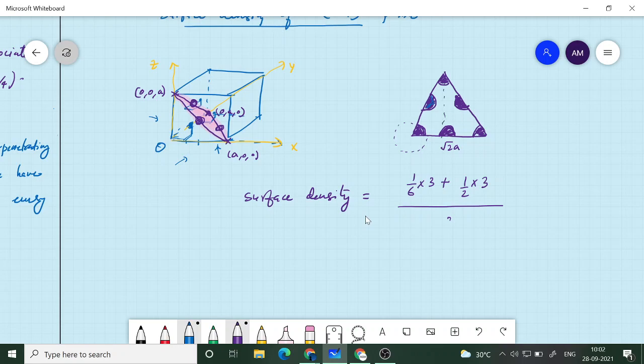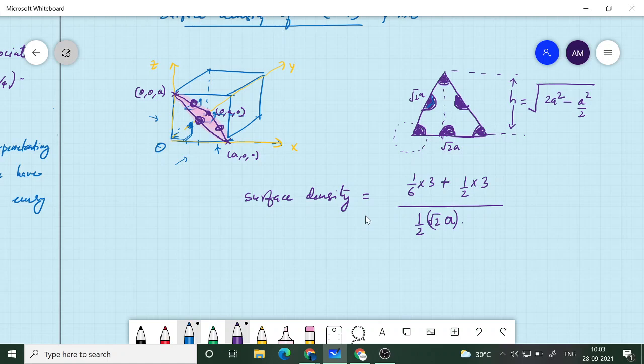So the area of an equilateral triangle, you can write it as half into base into height. So what is this height? That you can find out. Height is basically the square root of, so this is also root 2a, so the square of root 2a is 2a square, that is the hypotenuse, minus this half of the thing, which is basically a by root 2, so a square by 2.